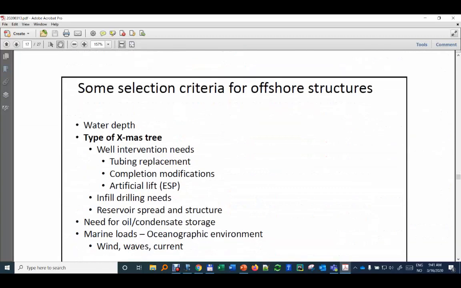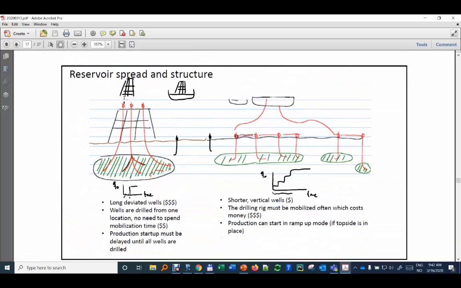So Christmas tree, I told you there are two types. They call it platform wells or dry Christmas trees, and subsea wells or wet Christmas trees. Essentially, it depends very much on something we cannot control much, which is the reservoir spread and structure. If we have a reservoir which is very spread, usually it's very expensive, even impossible to drill everything from one location. So we decide to use subsea wells such that we can drill exactly on top of the formation, on top of the reservoir we want to exploit, we want to produce.